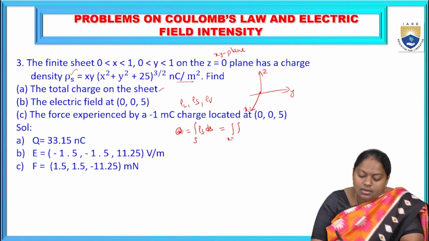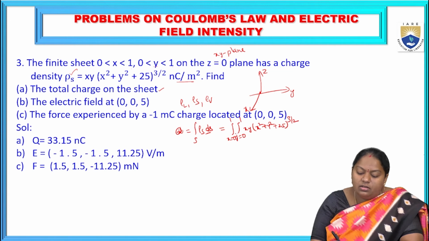Hence, x is equal to 0 to 1, y equal to 0 to 1, and rho s means xy into (x square plus y square plus 25) whole power 3 by 2 into ds. Here the variables are x and y, hence ds is given by dx into dy.